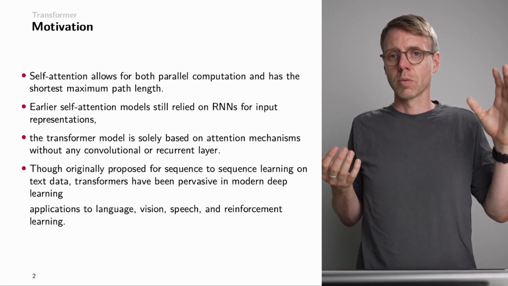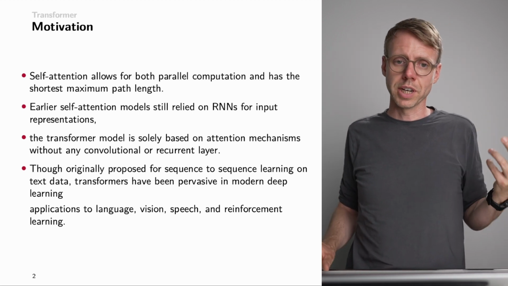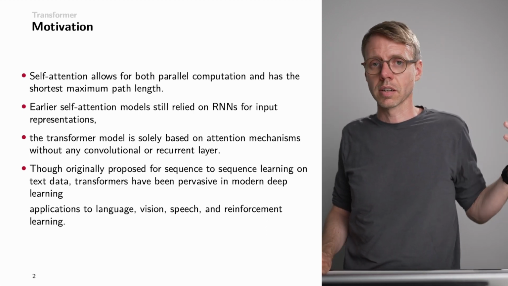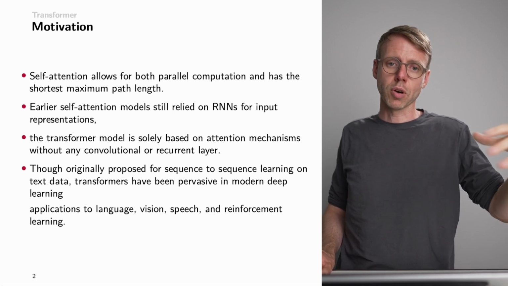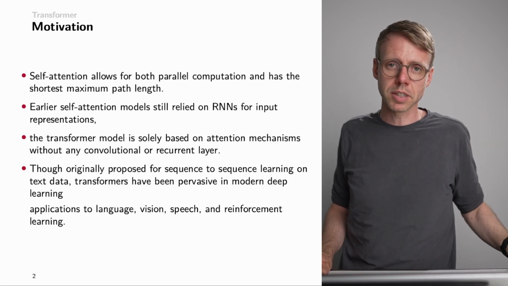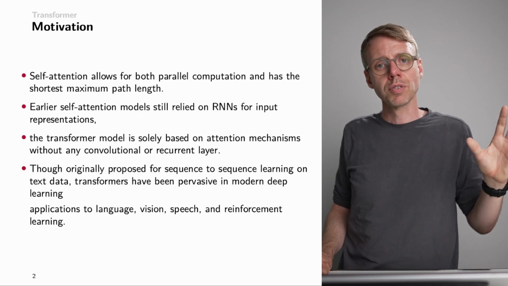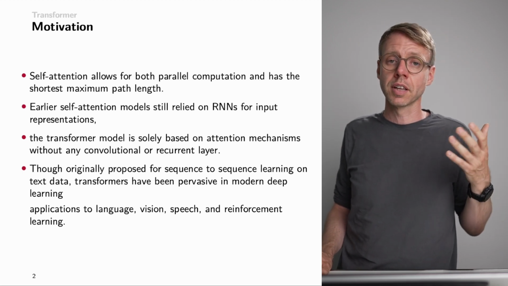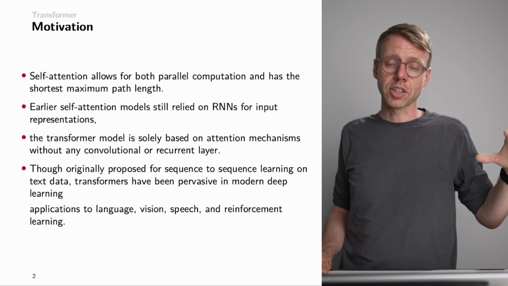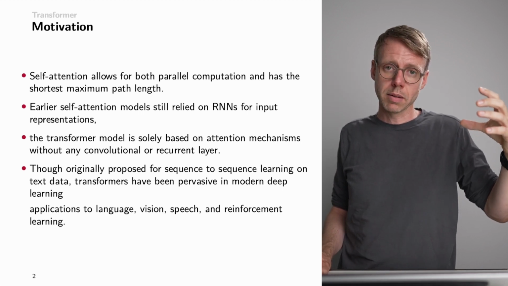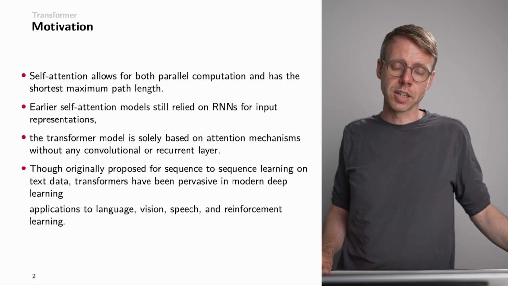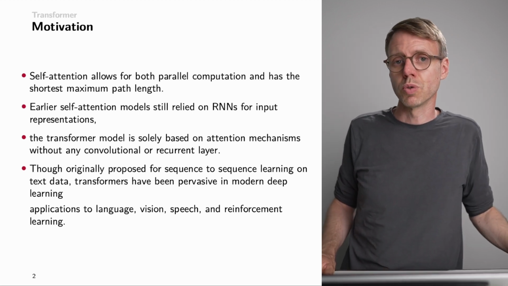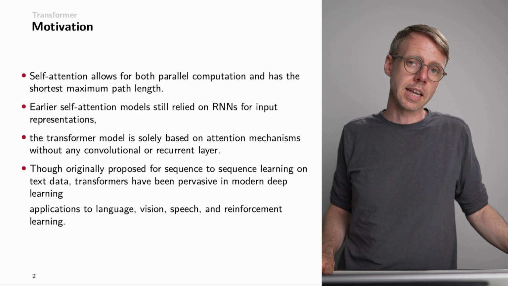Now, while early neural network architectures that applied self-attention to sequences combined it with recurrent neural networks, a group from Google has shown that an architecture that only depends on repeated blocks of self-attention is sufficient to model sequences end to end.